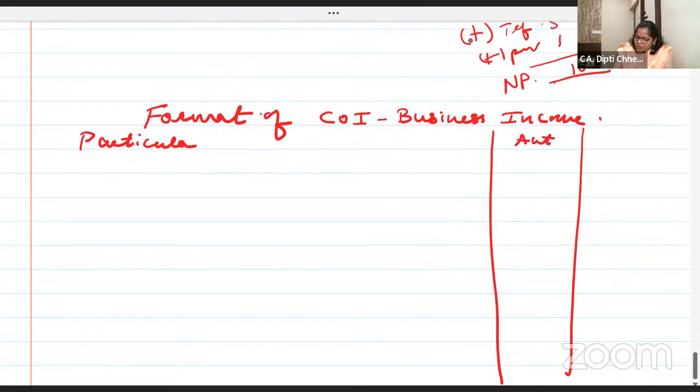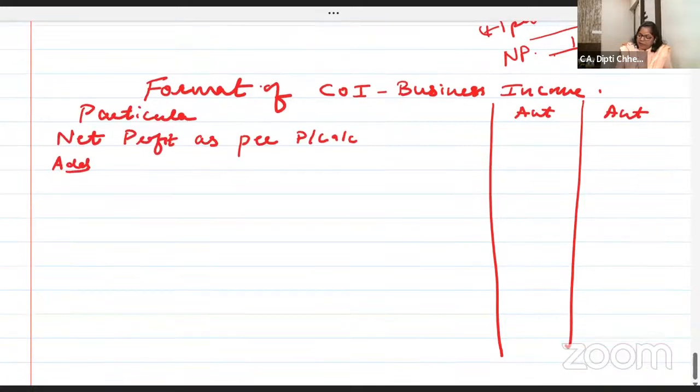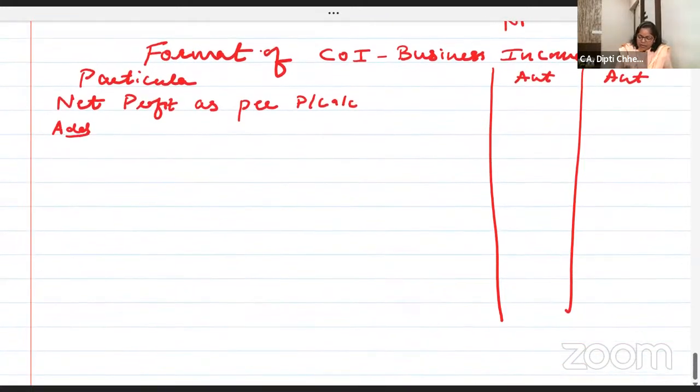Particulars, amount. Always start computing your business income with net profit as per profit and loss account.